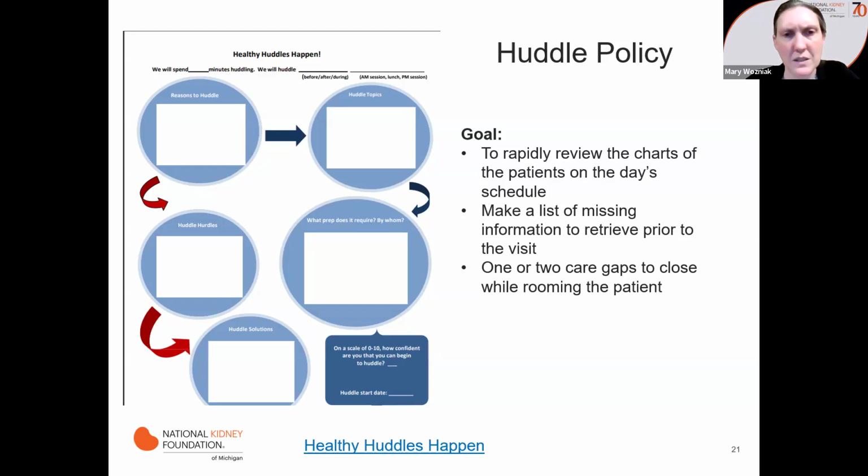It doesn't just have to be testing, but it could be things like patient safety concerns or complaints that you've heard. Also decide who's going to prepare for it, and then go back to that process and make sure it is working well for the team. When everyone has a chance to chime in and speak up, that can really make huddles most effective.